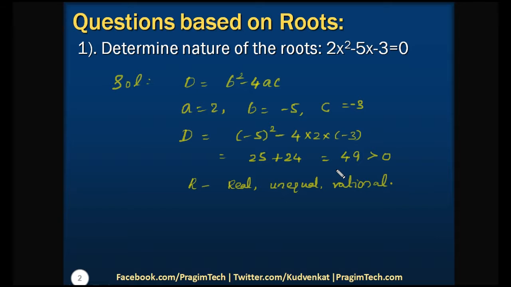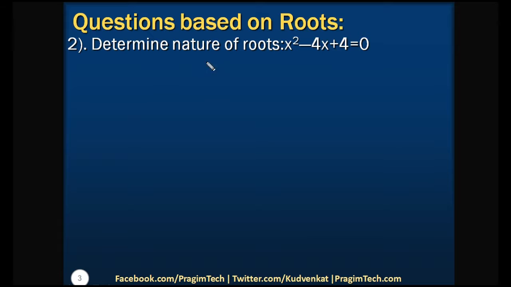Now let's look into the second question. Determine the nature of the roots. The given equation is x square minus 4x plus 4 is equal to 0. Let us find out the discriminant here. a is equal to 1, b is equal to minus 4 and c is equal to 4, right? So D is equal to b square minus 4ac.